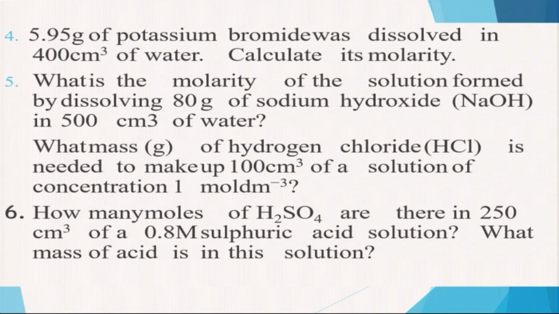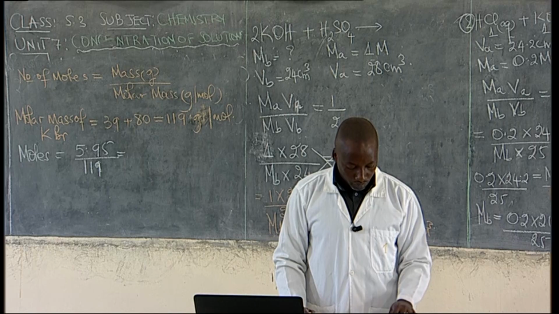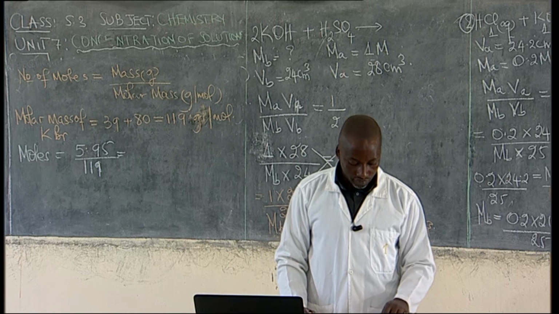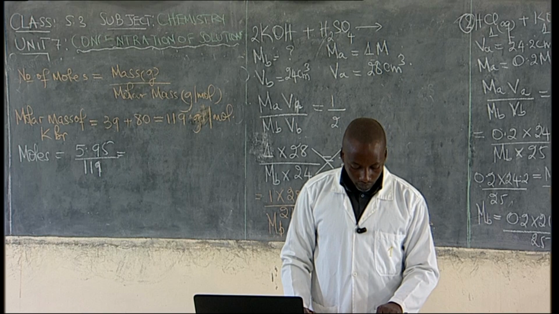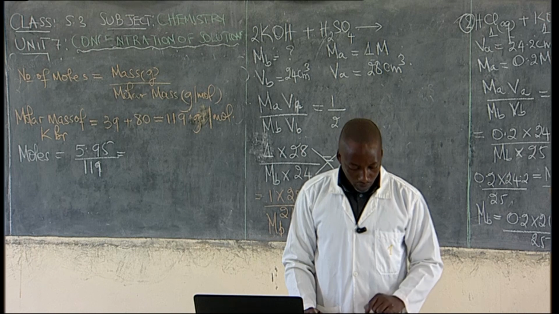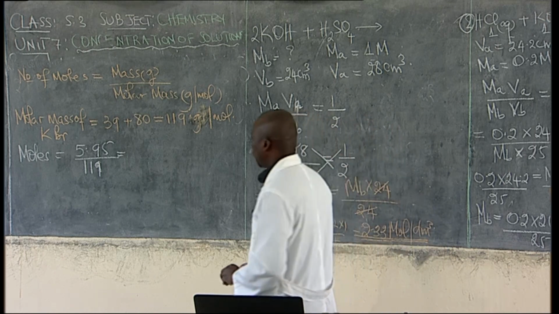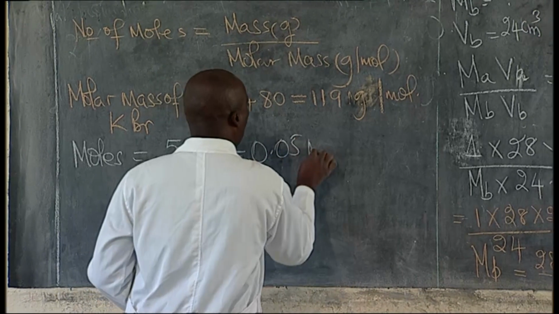What do you get? 5.95 divided by 119 is 0.05. Is it what you have got? Moles.